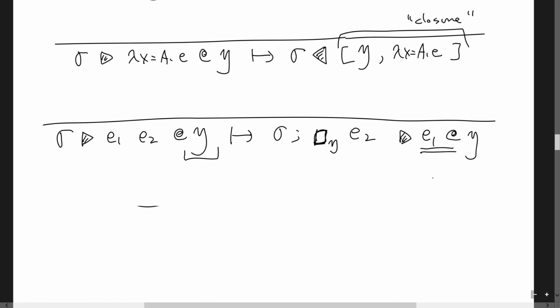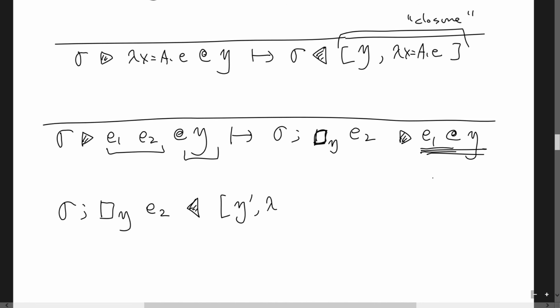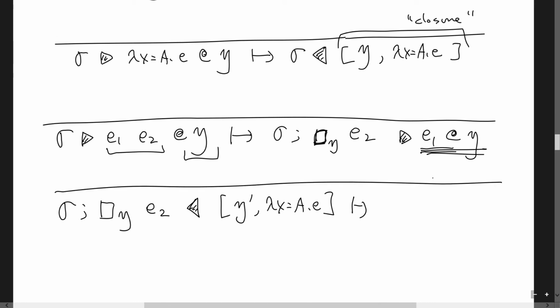Now, suppose that everything goes all right, and we produce something like sigma, eta, expression E2. Now, this one produces perhaps some closure, if this expression is well typed. So we have some closure here, eta prime lambda x a dot e. So how should we reduce this one? It's time to analyze this expression, the argument.